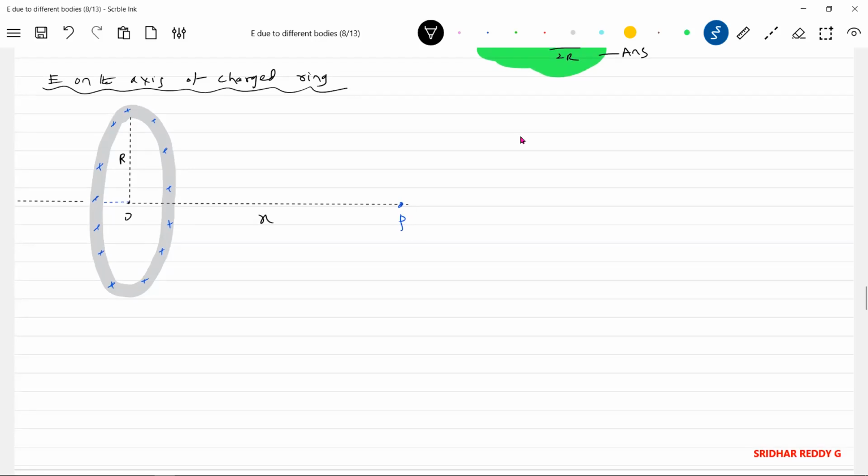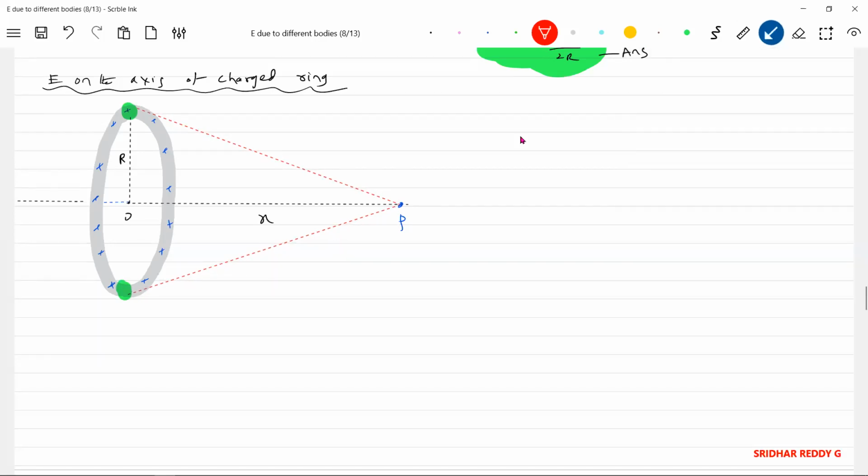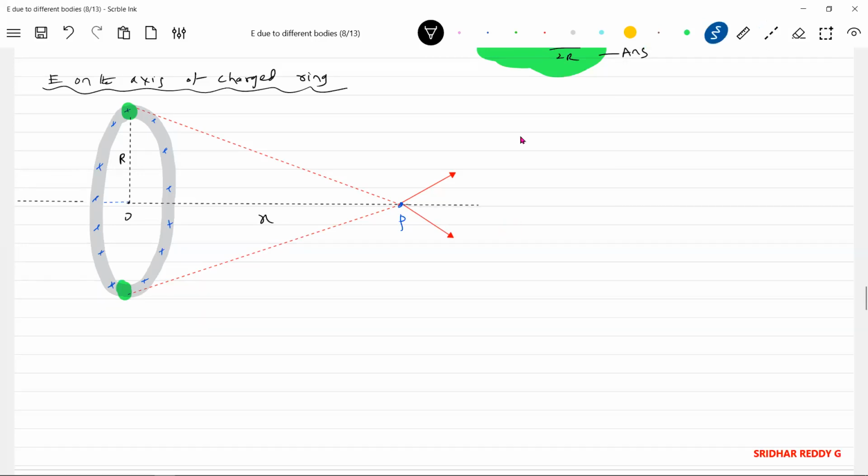I'll assume two elements, two symmetric elements. Let this be theta, dE dash, dE dash.